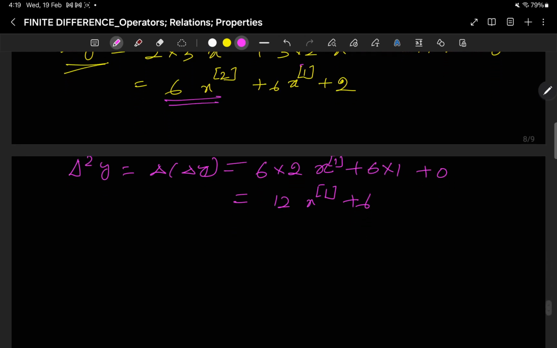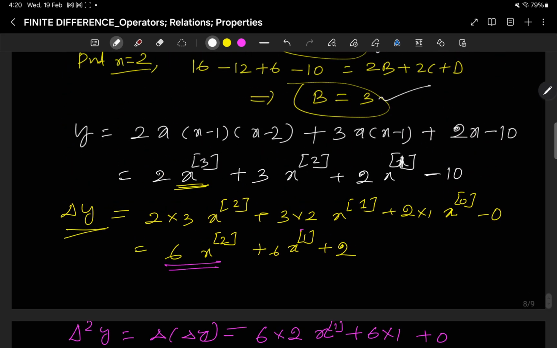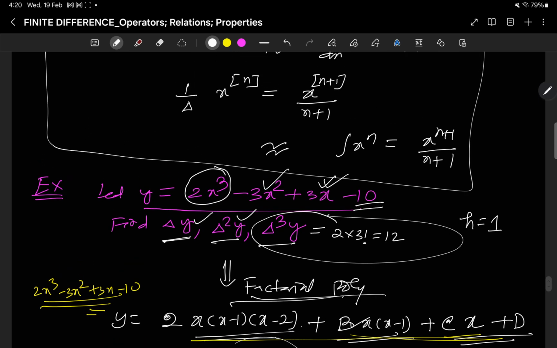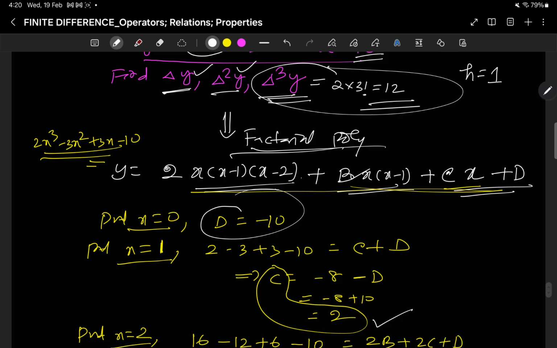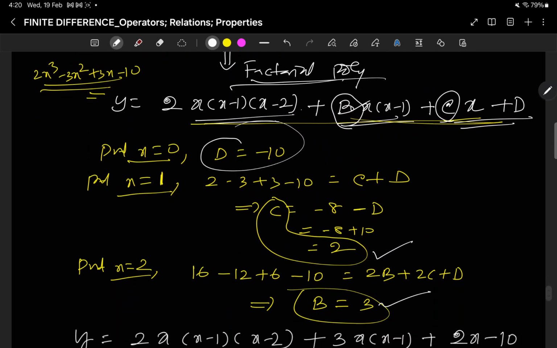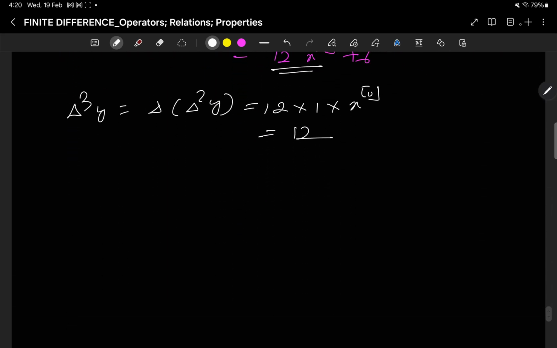Similarly, if I find del cube y, it is del of del square y, which is 12 into 1, x to the power 0. So this is 12, as I have told you. So the nth derivative here is 12 only. But the n minus 1th derivative is not the same because the adjustment needs the values of a, b, c, d. So let us now solve one more example.